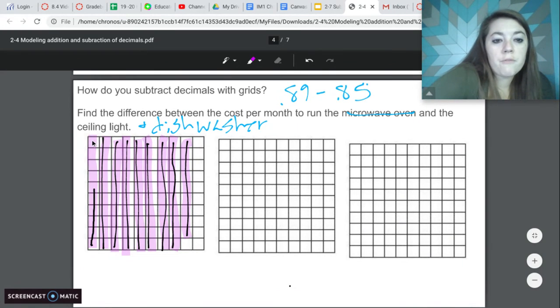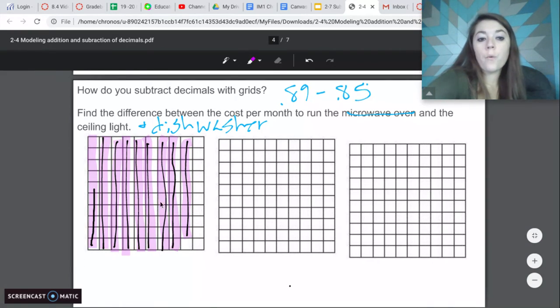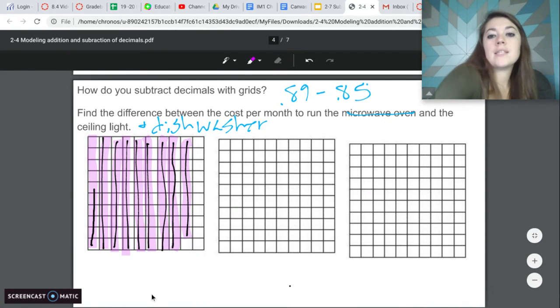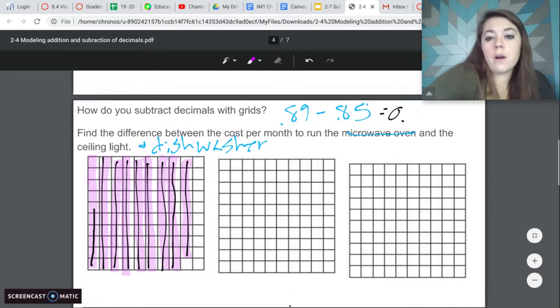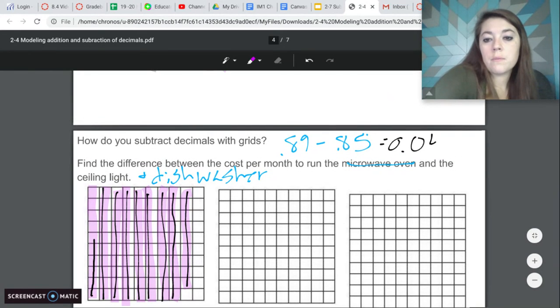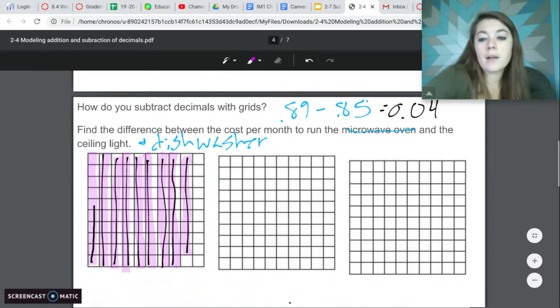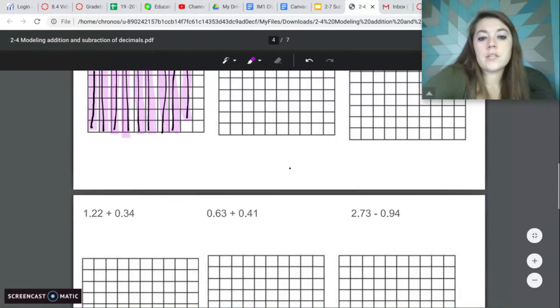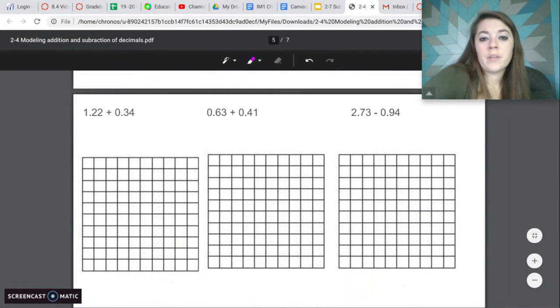So if we look, we have 1, 2, 3, 4 left over that weren't crossed out. So that means the answer to this is 4 hundredths, because we just have 4 of the little boxes filled in. So that is how we use these to subtract.